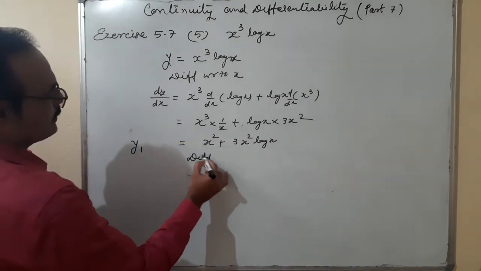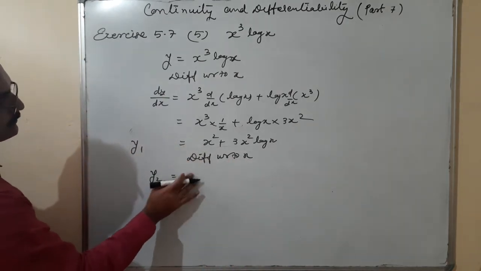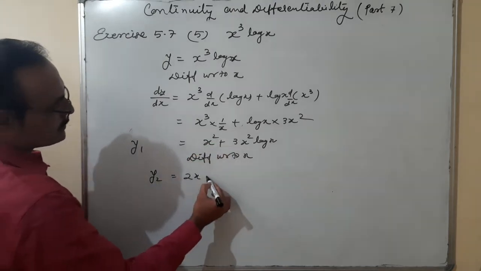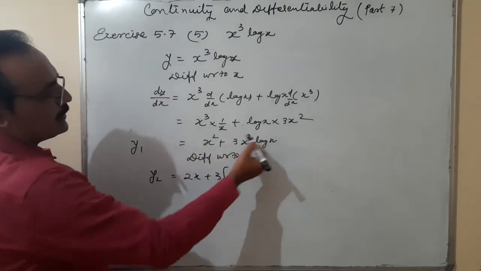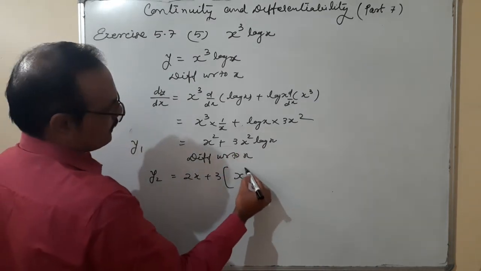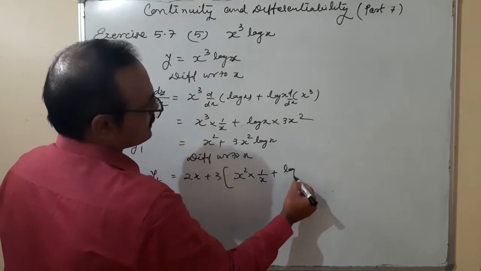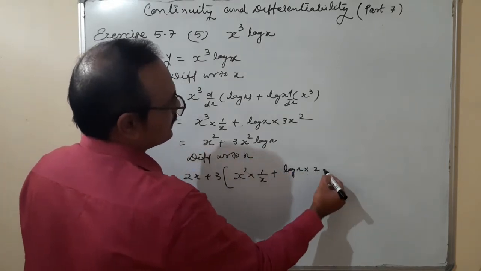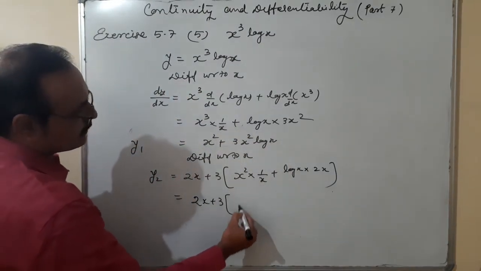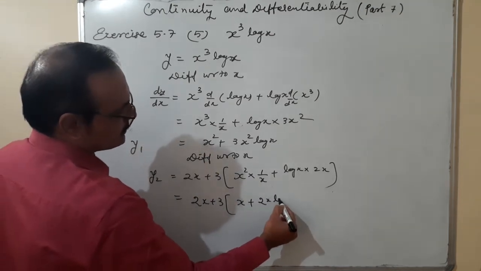Differentiate with respect to x again. So y2 is equal to: differentiation of x square is 2x, plus 3, and here using the product rule, first function x square, differentiation of second function 1 upon x, plus log x and differentiation of x square, that is 2x. So 2x plus 3, 1 x cancels, x plus 2x log x.